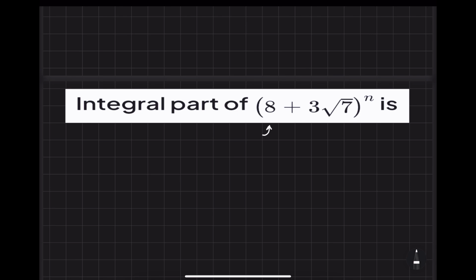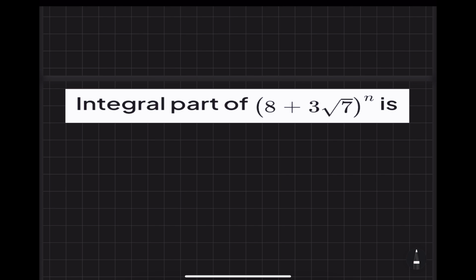So if we put any power, it will give you an integral part. But if you focus on this part, you will have some integral part and some fractional part. So if you add, the answer will be something point something.